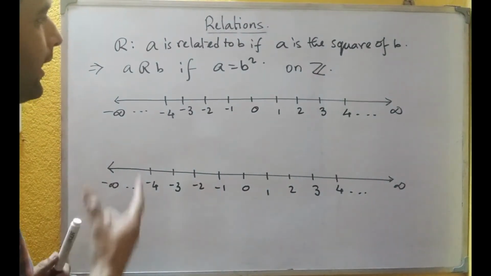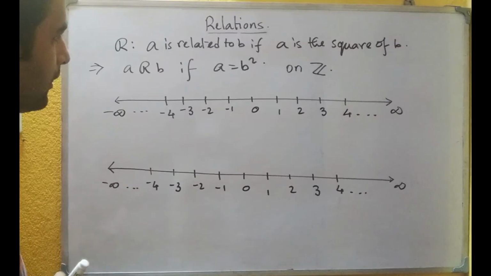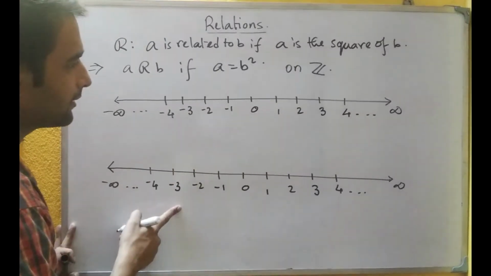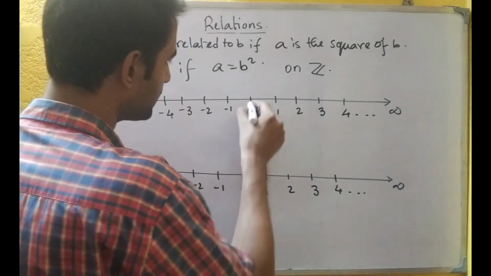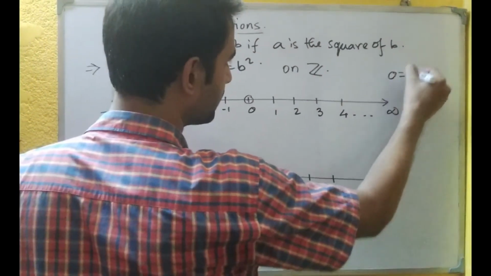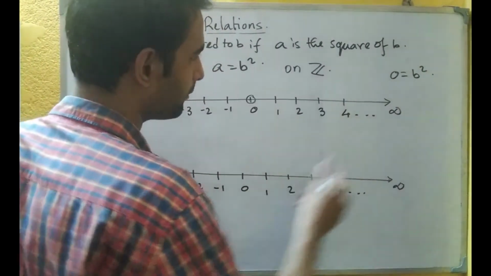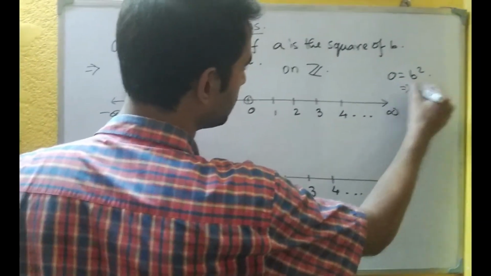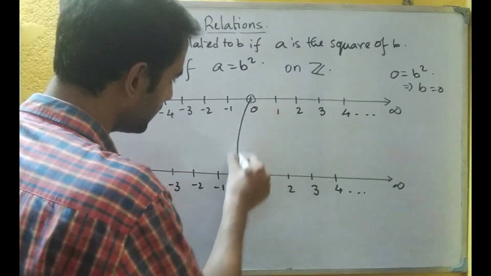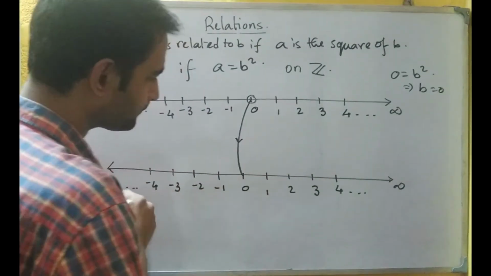So what I am saying is that A is equal to B square. So suppose we are taking A from this set and B from this set. So for 0, suppose we are taking A as 0. If you take this, that means 0 equal to B square means B should be only 0. That means the element 0 is related to the element 0.